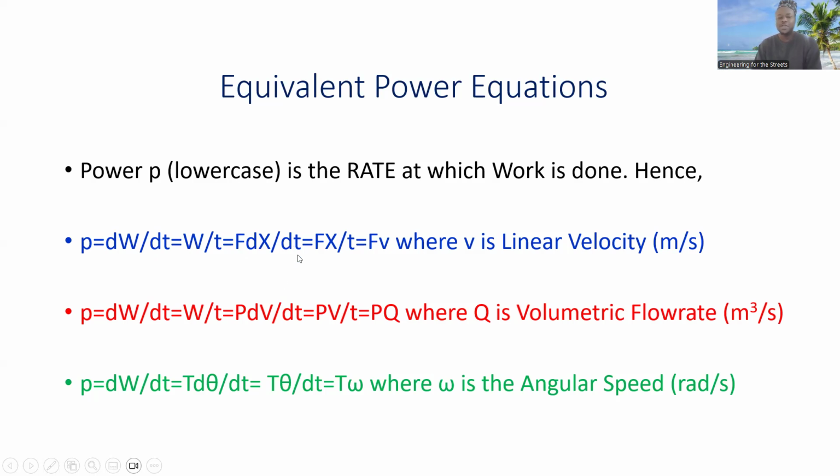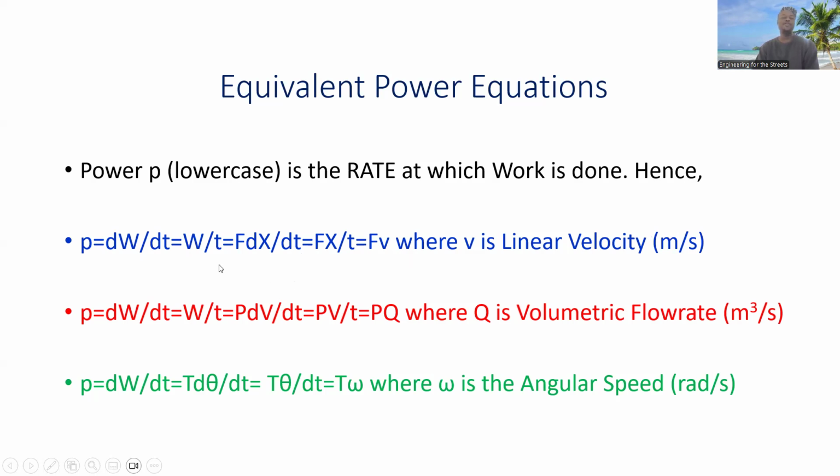And we know that dx over dt, which is the change in distance over change in time, is what we call velocity. So power is also given by the expression force times velocity. V here is the linear velocity.